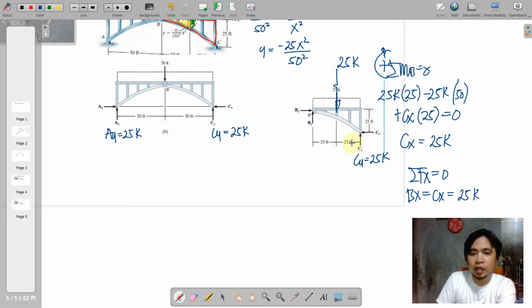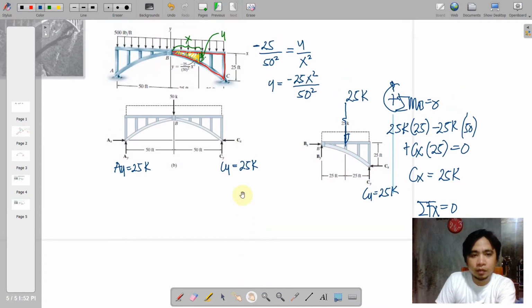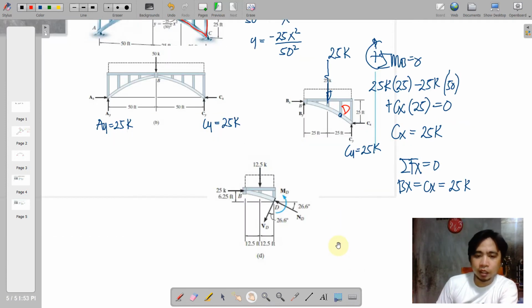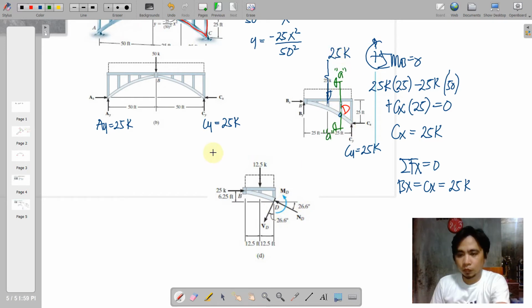So knowing all of the reactions, let us consider here point D. Okay, so this is point D, and then we need to illustrate a section at D. So we have a cut section from this D. And if this is the cut section on the left portion, we need to indicate a horizontal force here.